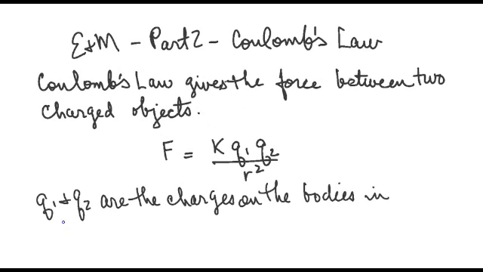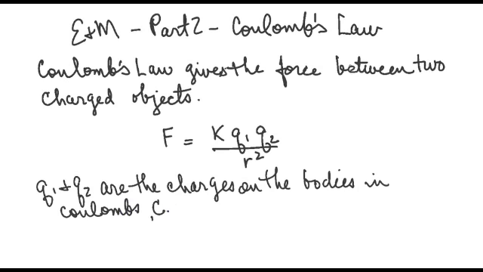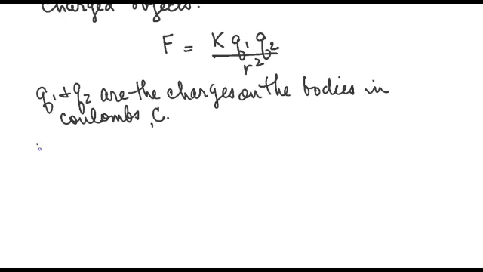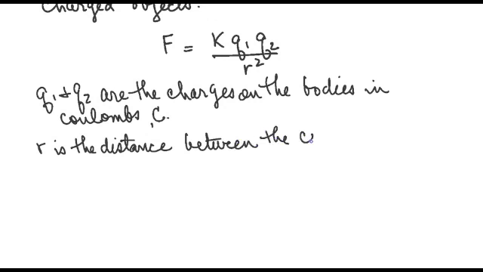We'll go over exactly what those are in a minute, and it's given the symbol C. R is the distance between the centers of the bodies in meters.